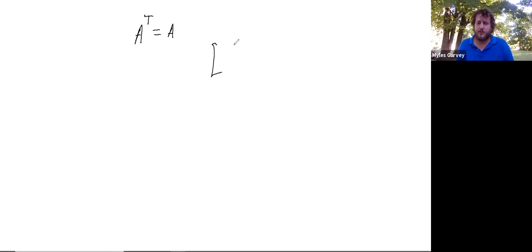So for example, 3, 5, 5, 4, right? If I take the transpose of that, 3, 5 are the new rows for the first column, 5, 4 is the next one, and notice we just get the same matrix.